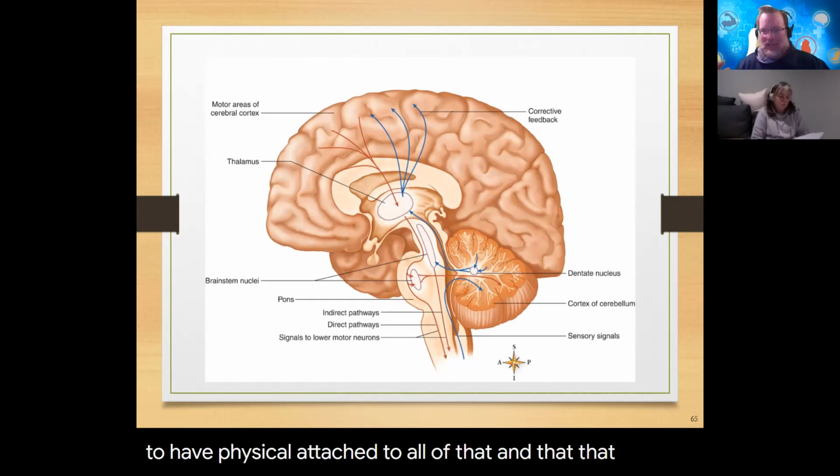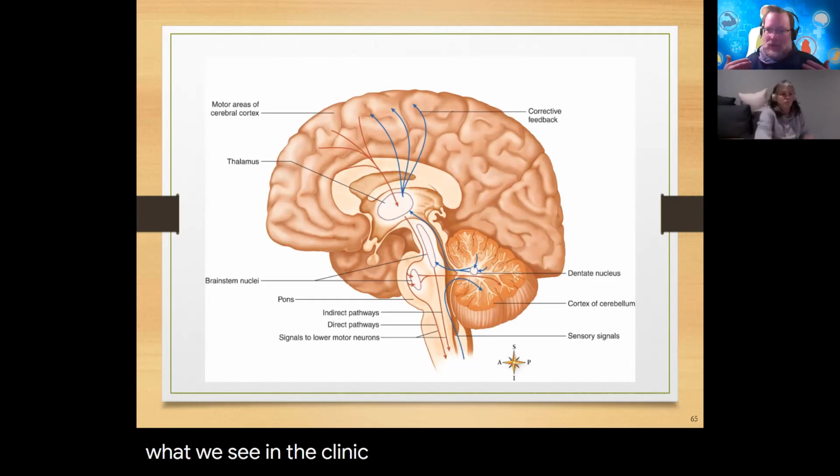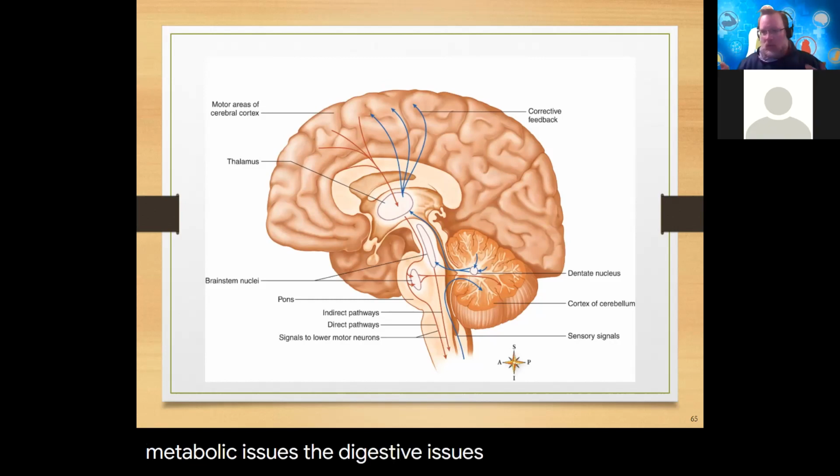And that stress, what we see in the clinic, the hypertension levels, the metabolic issues, the digestive issues, and so on and so on. Everything clinical that we see seems to have some root within the central nervous system.